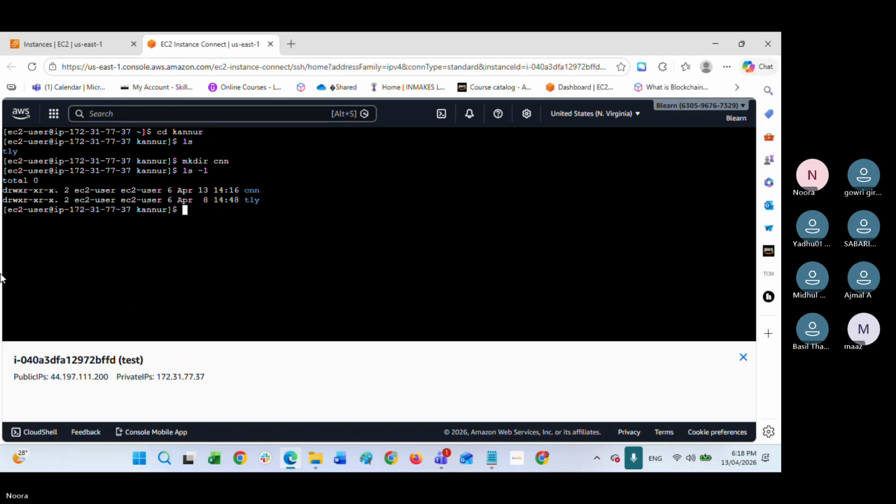Yadu or Gauri, whichever. Look at the TLY directory. There is a permission, a 9-bit character, which is RWX, R-S, R-X. And as I mentioned, first 3-bit belongs to who? Belongs to which category?